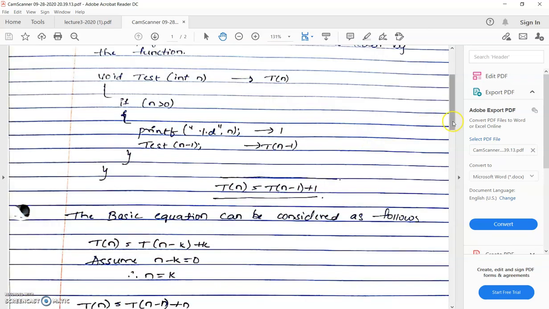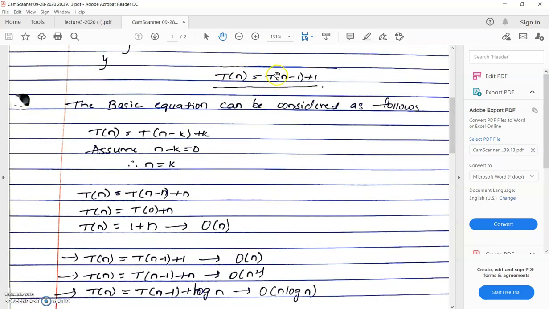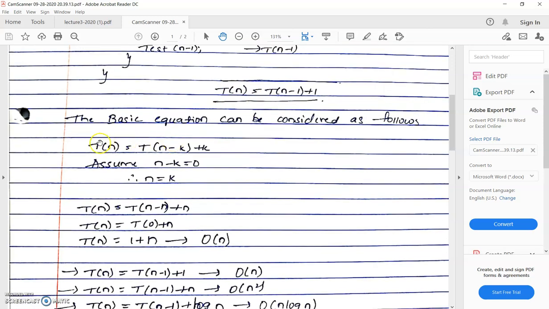In this function you can always convert n minus 1 in terms of n minus 2. If T(n) = T(n-1) + 1, then T(n-1) = T(n-2) + 1. And then if you resubstitute and keep doing it for k steps, it's going to be T(n) = T(n-k) + k.